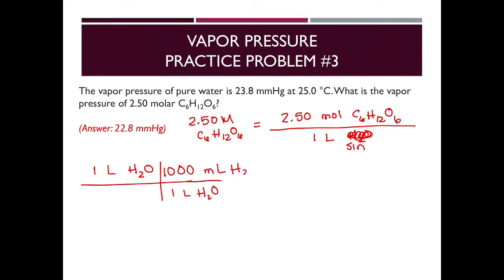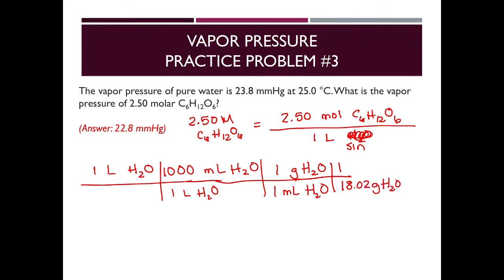And the density of water allows us to convert 1 milliliter of water into 1 gram of water. And then we can use the molar mass of water to change that into moles. So a little bit of a jump, but once you figure out the volume, you should be able to do the rest of this.